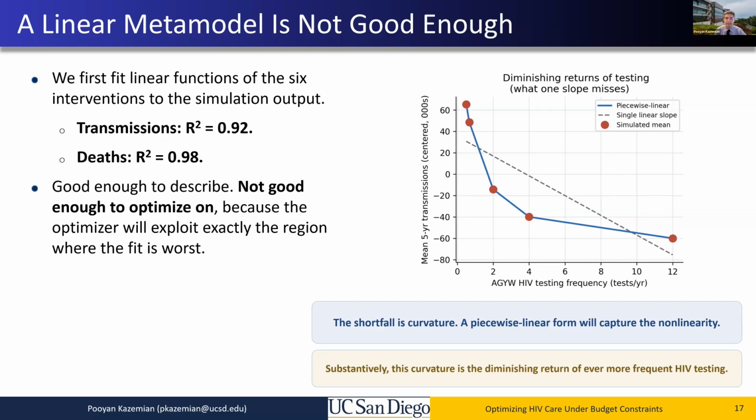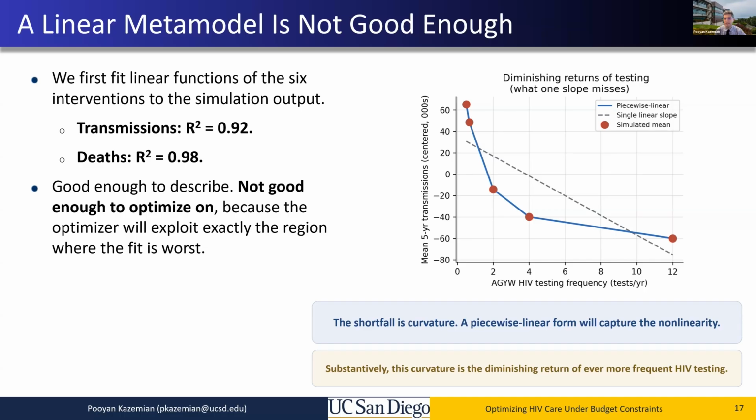On the right-hand side, I have included the diagram for testing frequency for adolescent girls and young women. You see that as we increase the number of tests per year, we have the diminishing benefit in terms of the 5-year transmissions. So the dashed line is what we get if we use a linear model.